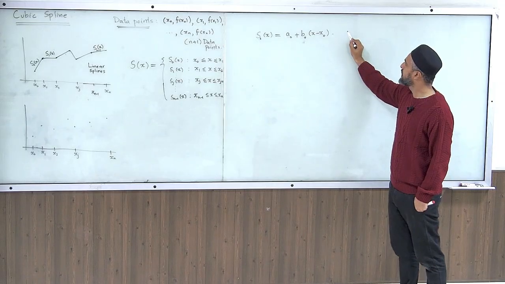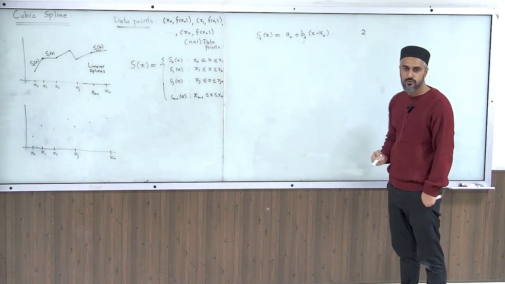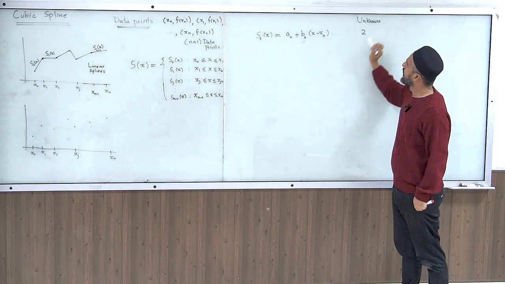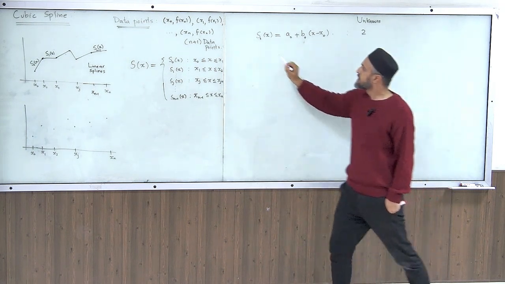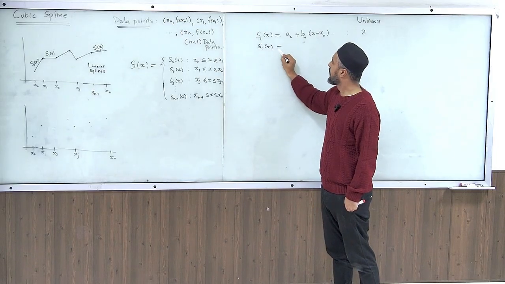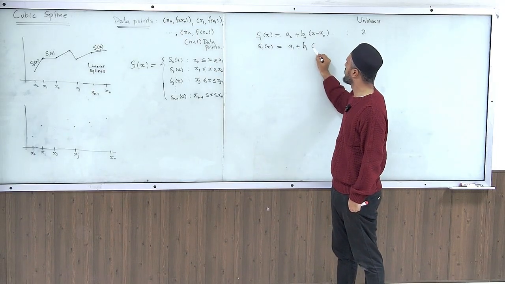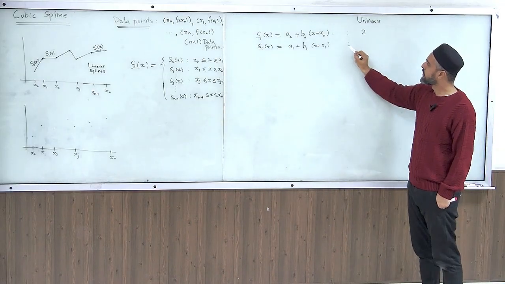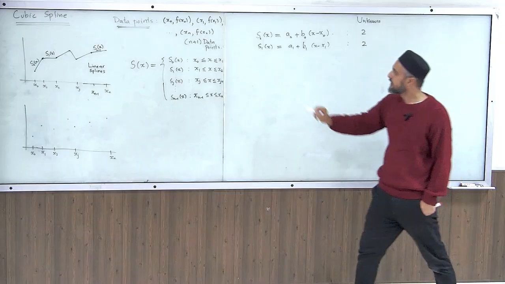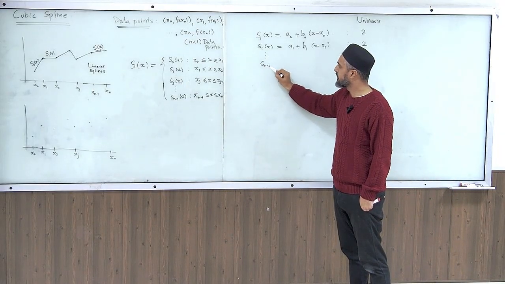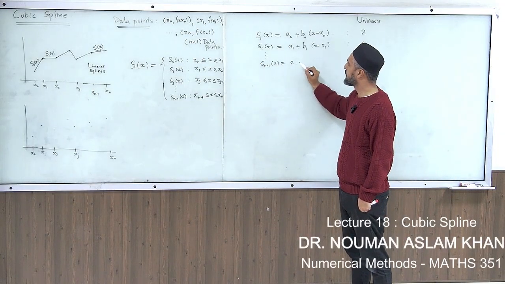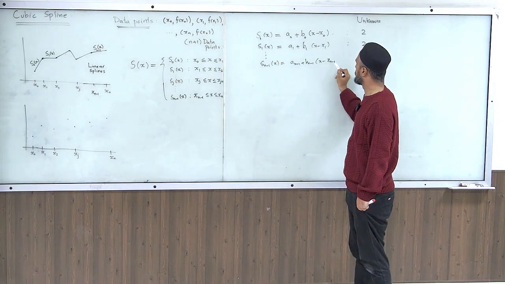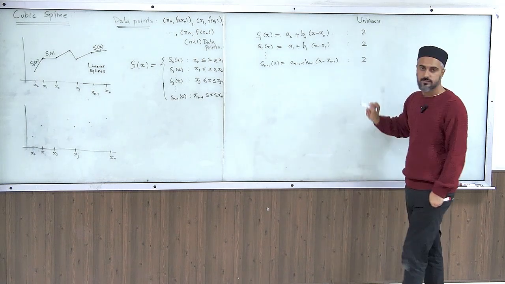By the way, how many unknowns are there? 2 unknowns, namely a naught and b naught. Similarly, for s1 there will be a1 plus b1 into x minus x1, again with 2 unknowns. If I continue up to sn minus 1, this will be an minus 1 plus bn minus 1 into x minus xn minus 1, which also has 2 unknowns.